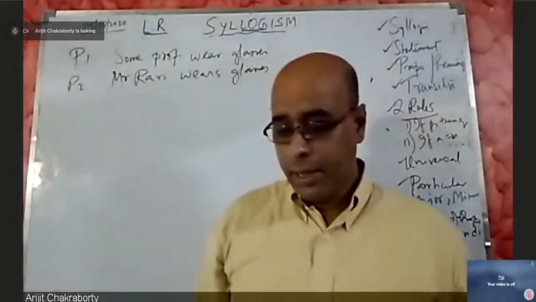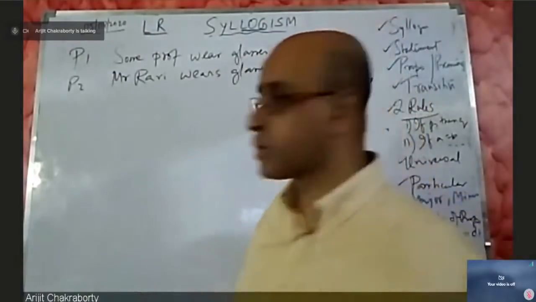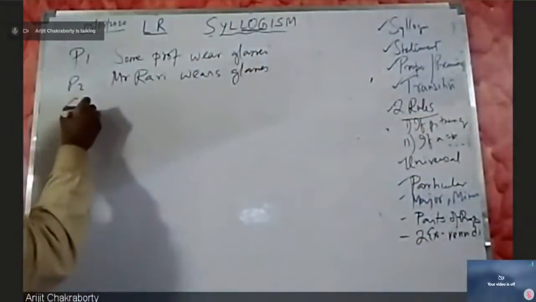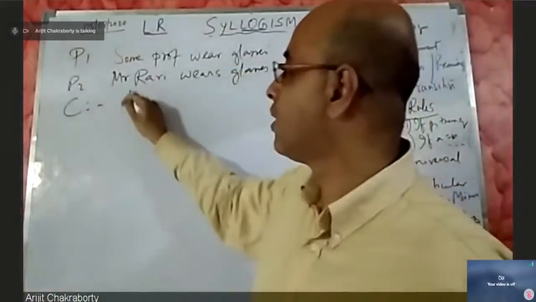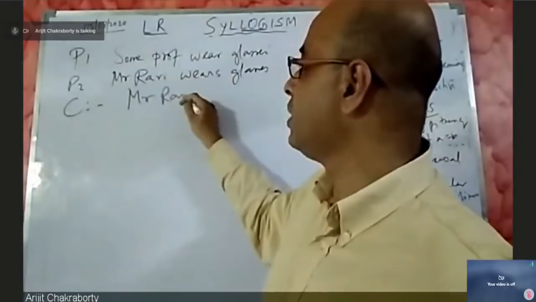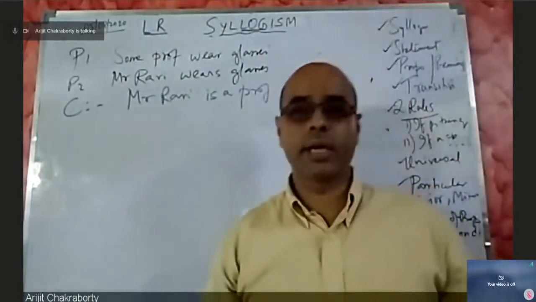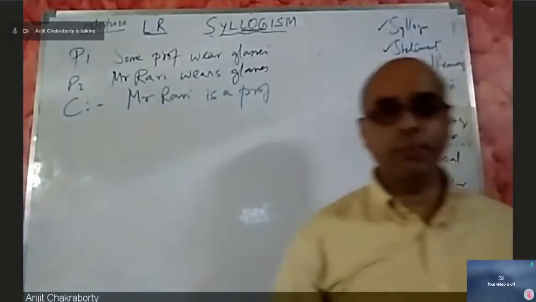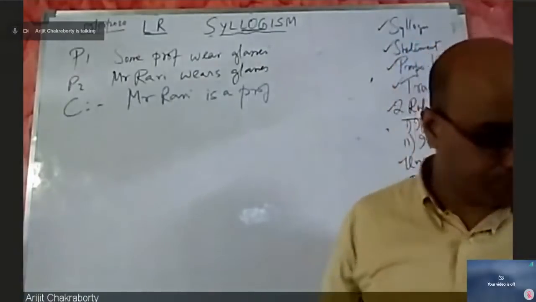So you have to say whether the conclusion is correct or not. The conclusion is, Mr. Ravi is a professor. Is it correct? So these are typical exam questions. Please spend a minute and see.